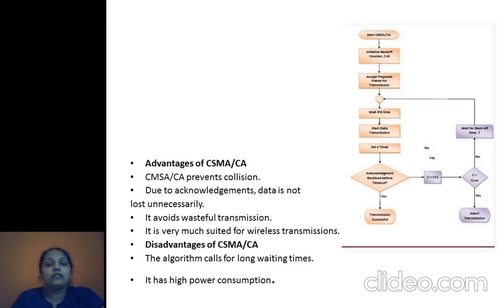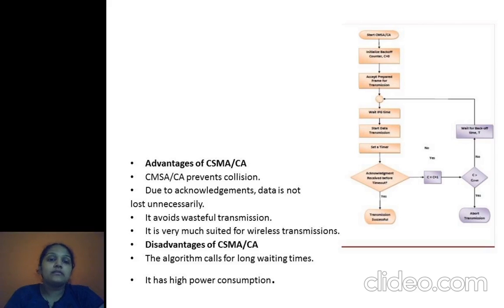Obviously it calls for a long waiting time, because if multiple channels want to send data, they cannot send data in a parallel manner. They have to wait for the transmission of one channel to complete. After that, the next channel can start its transmission of data.